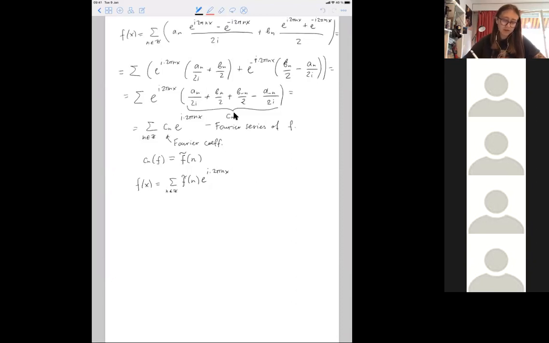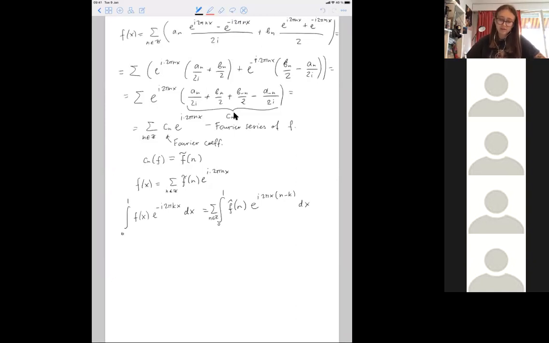Well, what we can do is integrate both sides from 0 to 1, f of x with the added component e to the power minus i 2 pi k x dx, and then on the right we can also integrate the sum of f tilde of n times e to the power i 2 pi x (n minus k) dx, and the sum still stays.